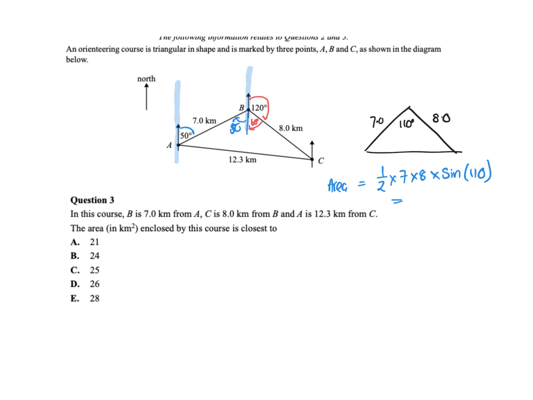So let's have a look and see what that one is. 0.5 times 7 times 8 times sine 110, I get 26.3. So the closest one is D. So there's where you're getting a combo of the bearings and area of a triangle.